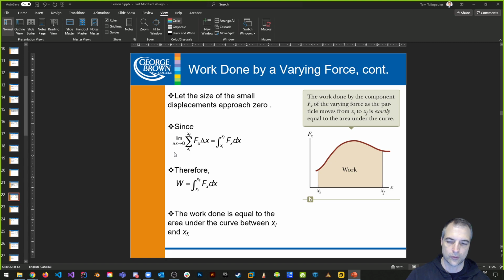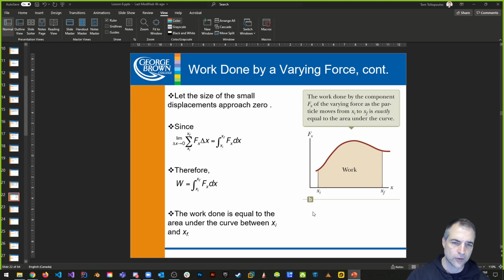Therefore, when applied to varying force, work is the integral from x initial to x final of the force applied across the x-axis, F dx. So you would do an integration on this. Again, I'm not going to ask you for this kind of work to be done, but you should know that's what's done when you're applying a varying force.